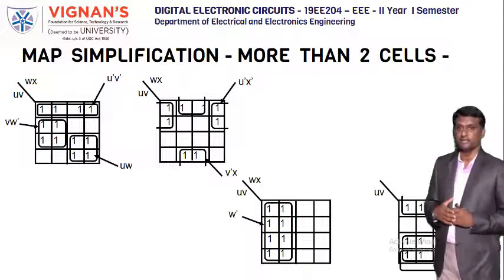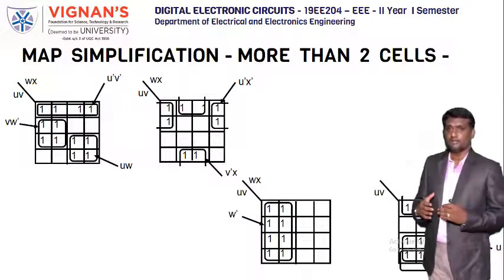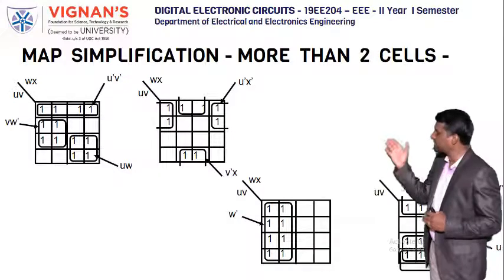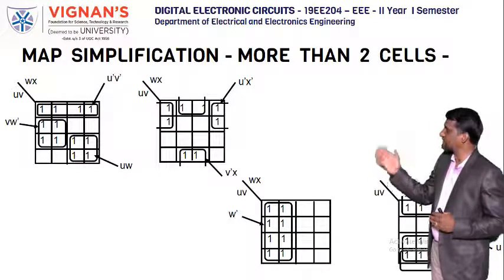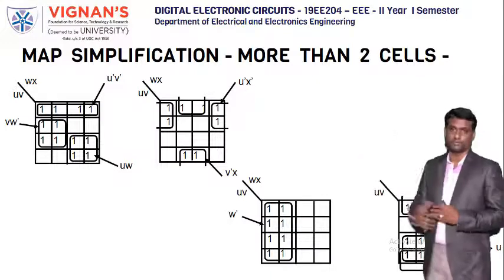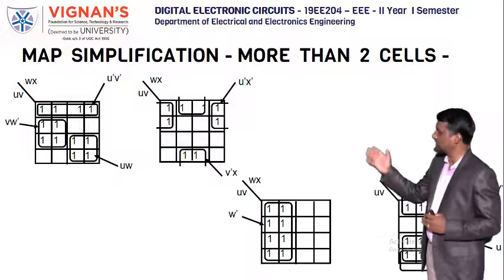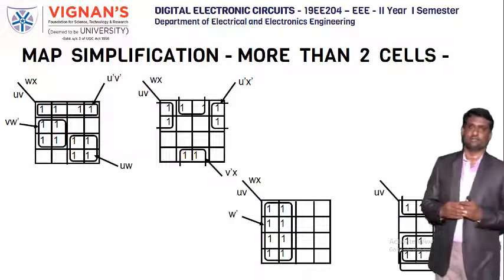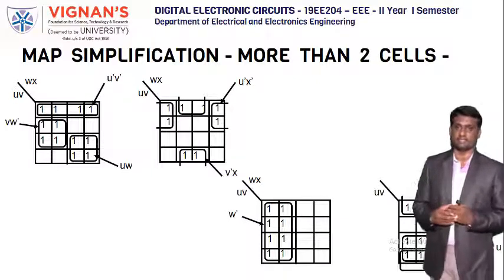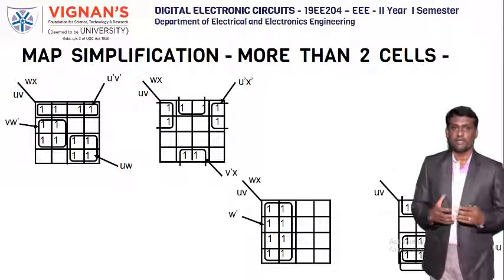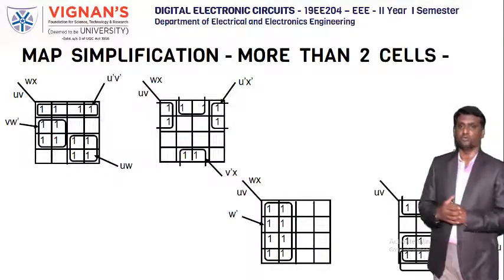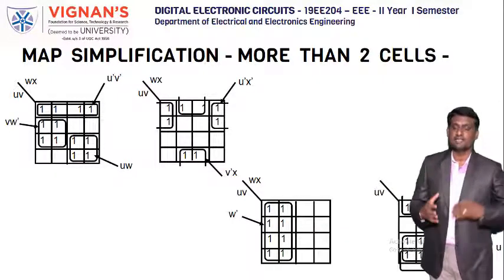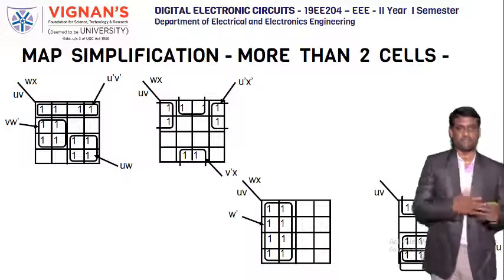In the first combination, all the first column cells are grouped, because all those are adjacent to each other. So we group all those 4, and the common variables after grouping we consider as the simplified function.